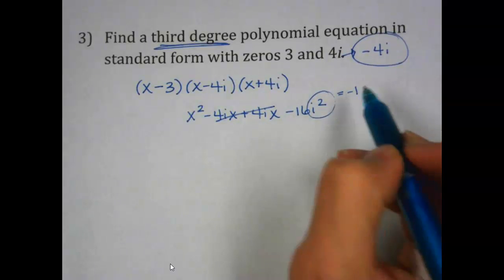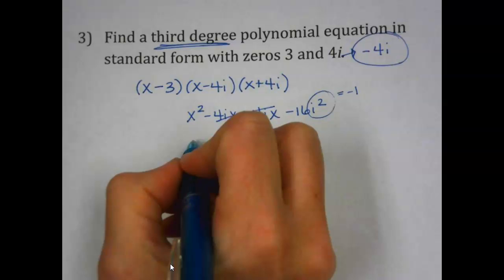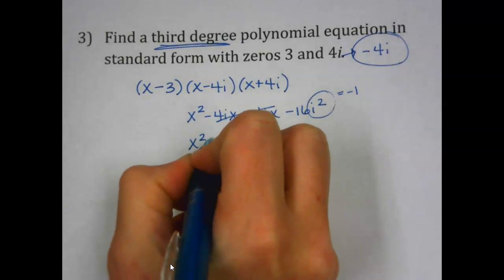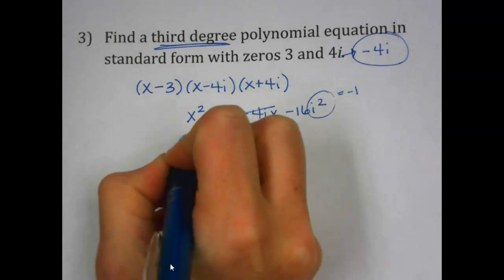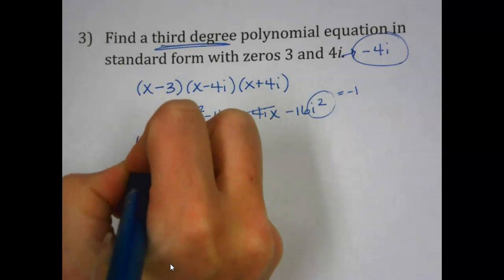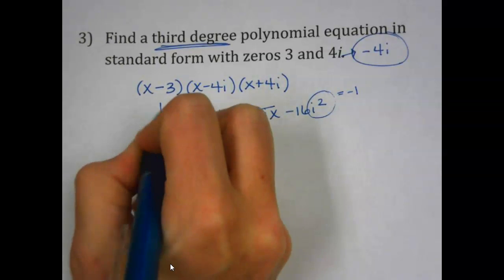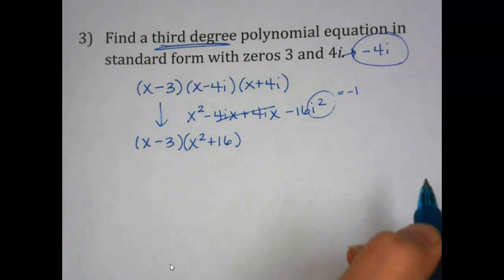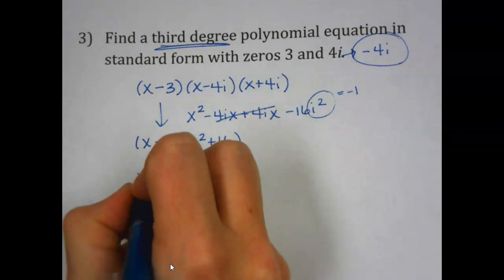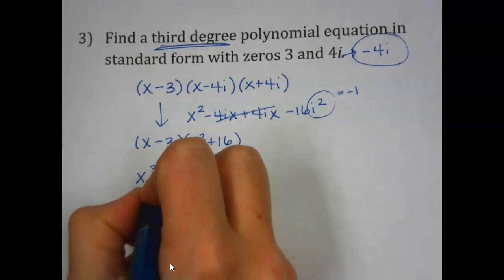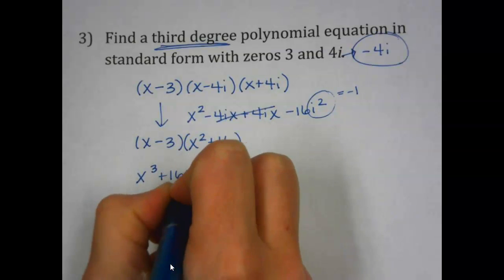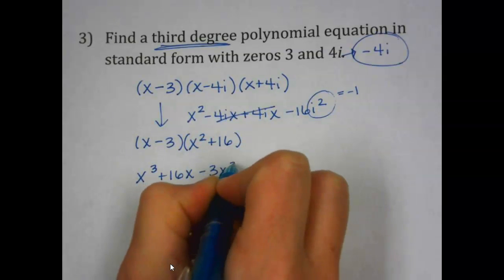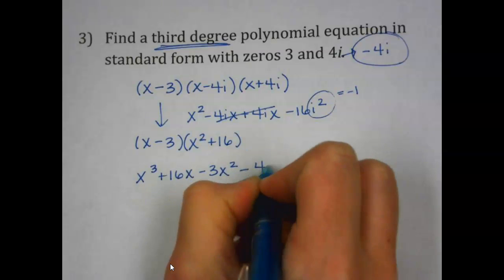So negative 16 times negative 1, we end up with an x squared plus 16. Then we drop down the x minus 3 from up above, and we multiply that out. X cubed plus 16x minus 3x squared minus 48.